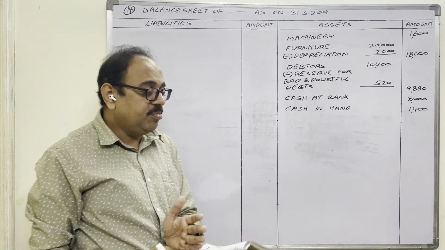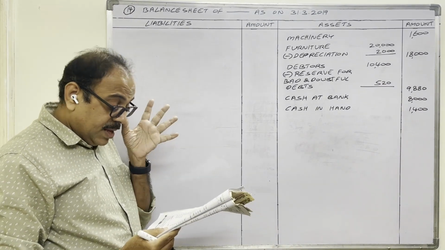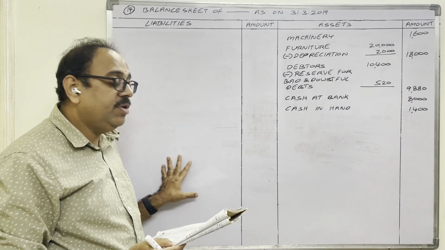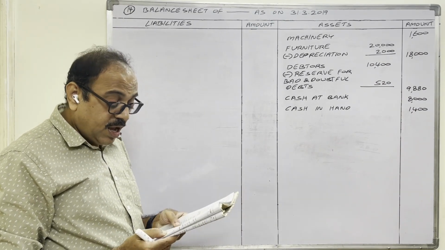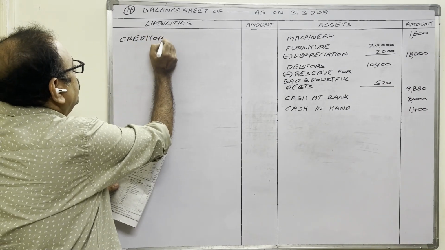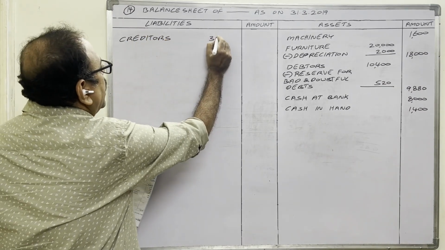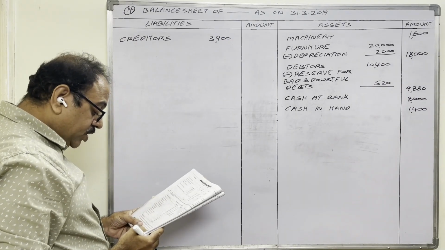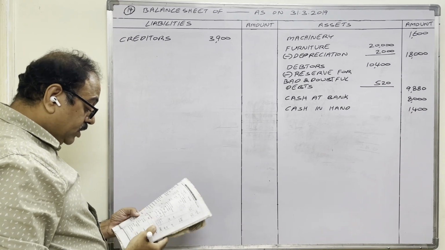Come to the credit side, which means here the liability side. Sales, capital. Capital is a liability, but at the end we will show that. Creditors, a liability. In the inner column, because an adjustment is given, no? 3,900 rupees. Adjustment is the sixth bit: reserve for discount on creditors 5%.